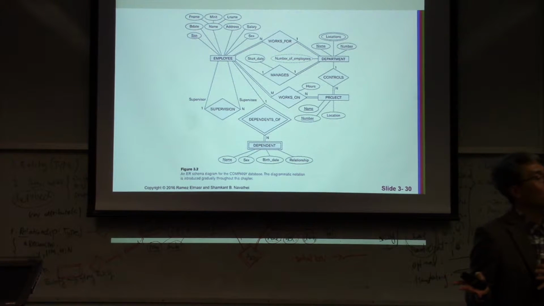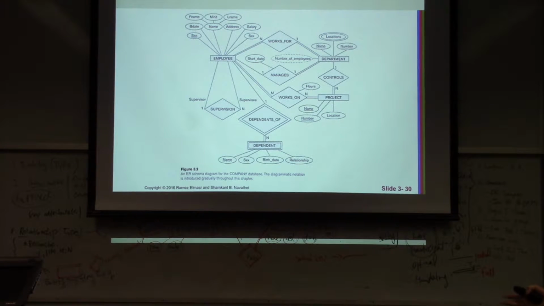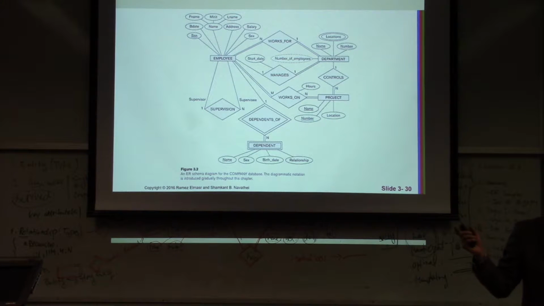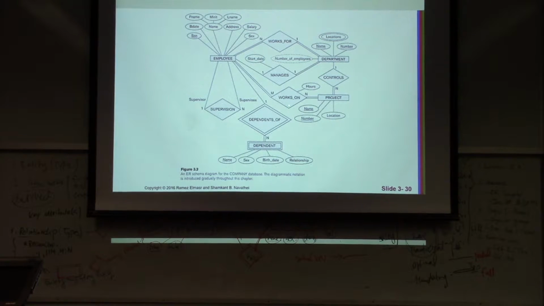But there are different notations. Like one of the students already asked, there are some with 4 or 5. We will see later, but this is one of the popular notations. One more thing: the name of the attribute, the name of the entity, the name of the relationship.